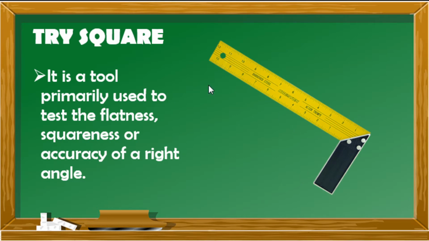The same time, ginagamit din yung tri-square for measuring kasi meron din siya mga measurement na naka-indicate sa pinaka-blade ng tri-square natin. Then, ginagamit siya for testing ng angle ng corners ng mga furnitures, kahoy, ng object itself.